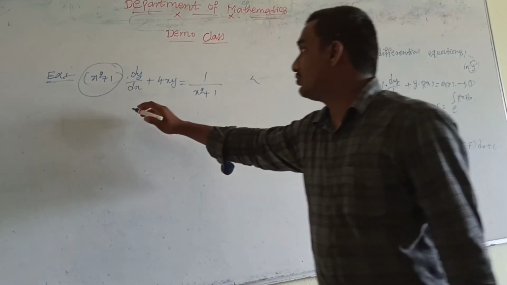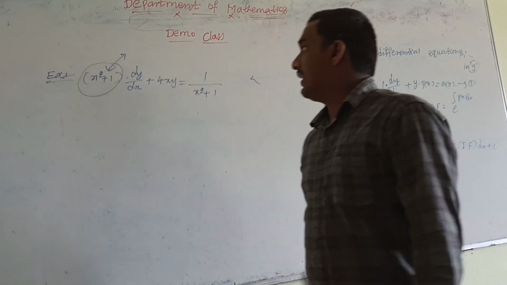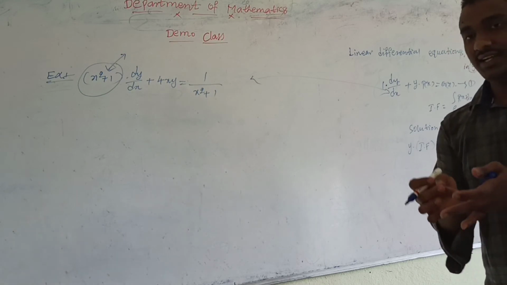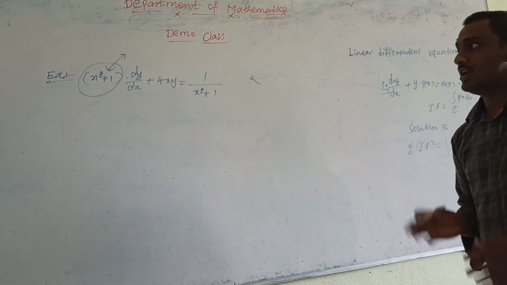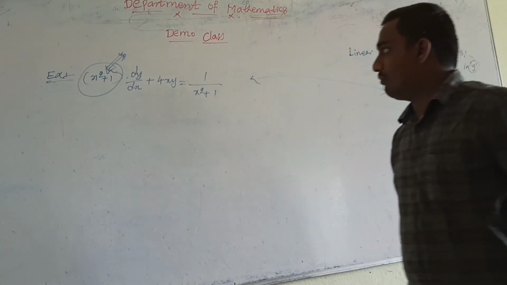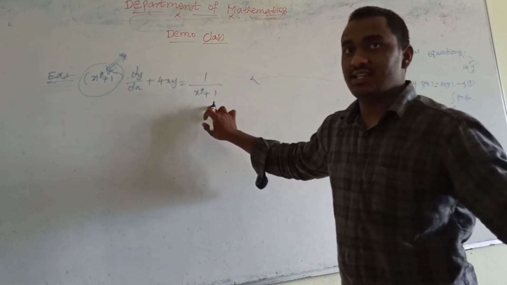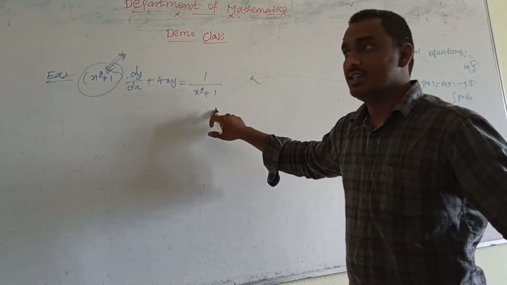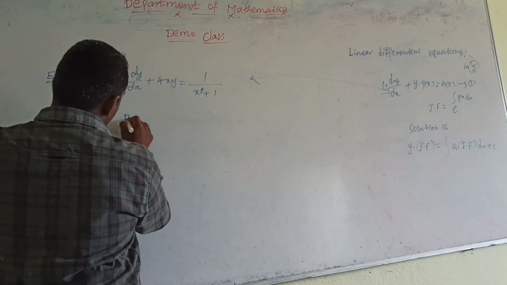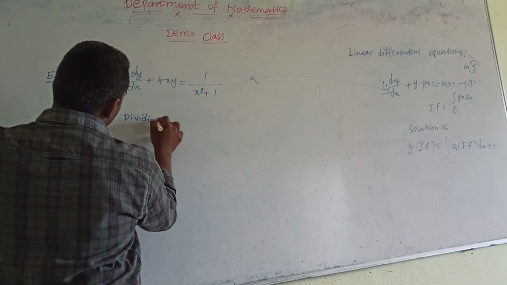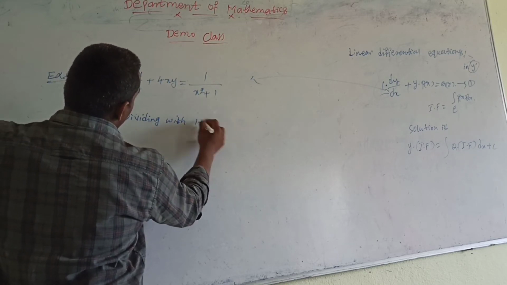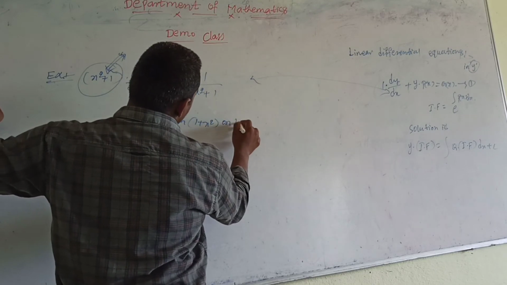That means we have to remove that term by some calculation, either multiplication or division. By dividing the whole equation, LHS and RHS, we can remove this term. So we divide with x square plus 1 on both sides.